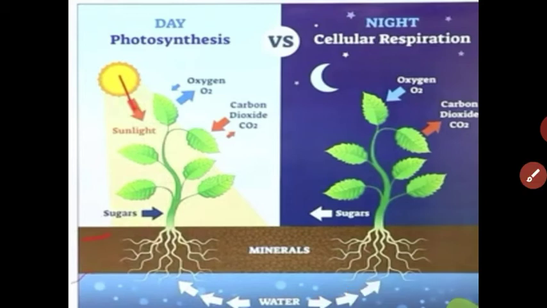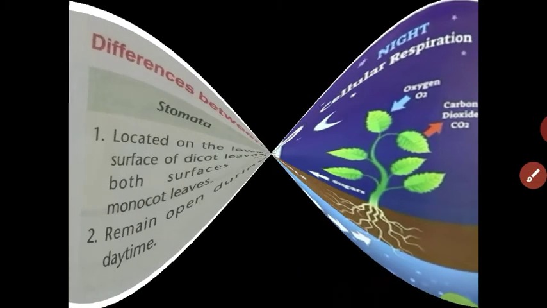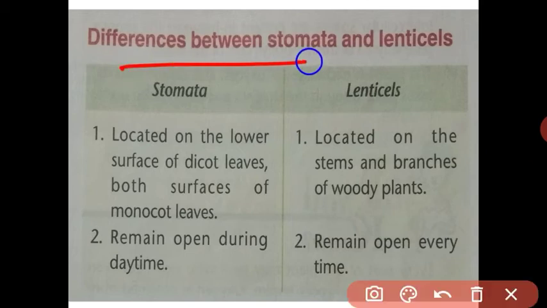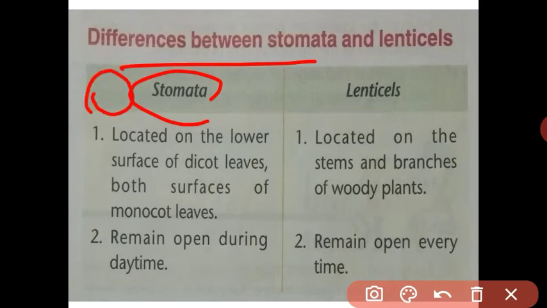The last point of this video is what is meant by lenticels and stomata. Let us see the difference between lenticels and stomata. Stomata are small openings present on the surface of leaves, and lenticels are also openings, present on the stem and branches of the woody bark.